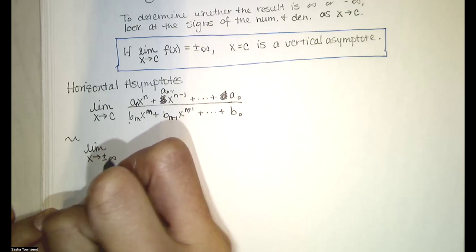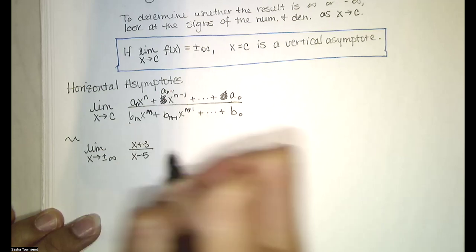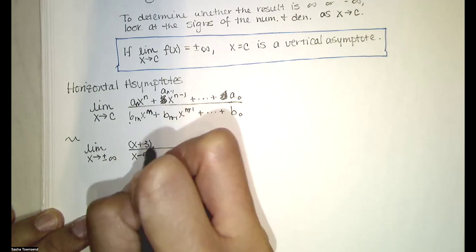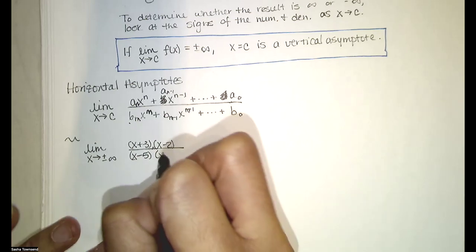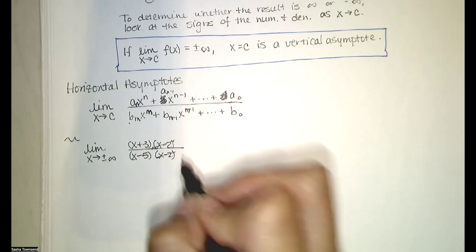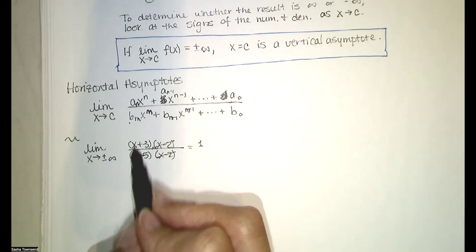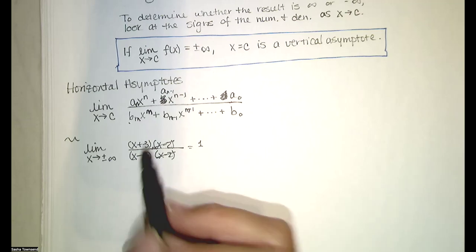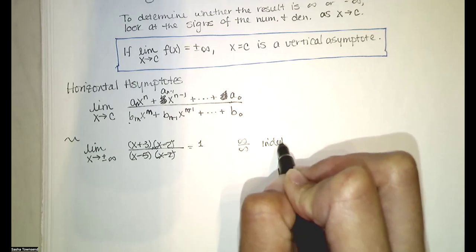So we looked at this example, the limit as x approaches plus or minus infinity of x plus 3 over x minus 5. We had the x minus 2's as well, but they don't affect the behavior as x goes to positive or negative infinity. We said that the answer was 1, and we said that because the degrees were the same. First, it started out as an infinity over infinity indeterminate form.